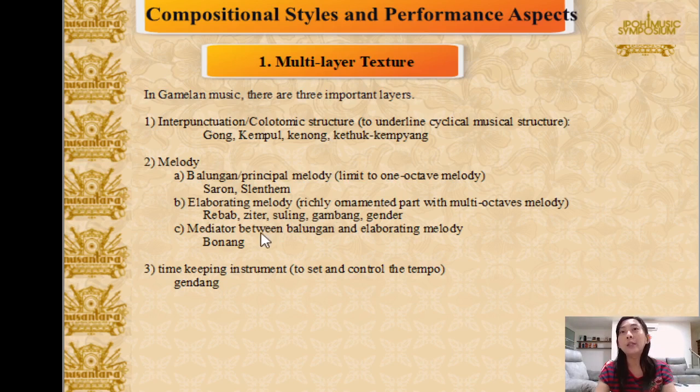And for melody, we have three different types. Balungan plays the main melody, limited to one octave, and elaborated melody is played by rebab, siter, suling, gambang, gender, and bonang, which act like the mediator between balungan and the elaborating melody. And lastly, we have the kendang, which keeps the time.